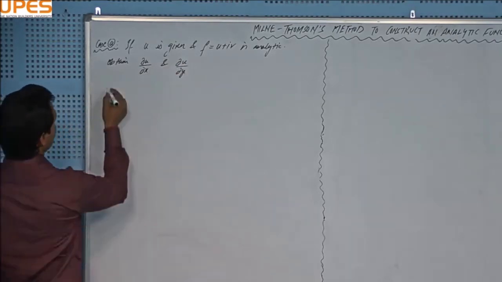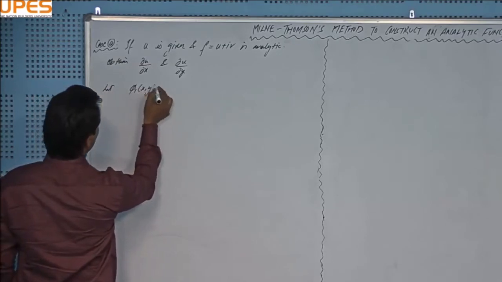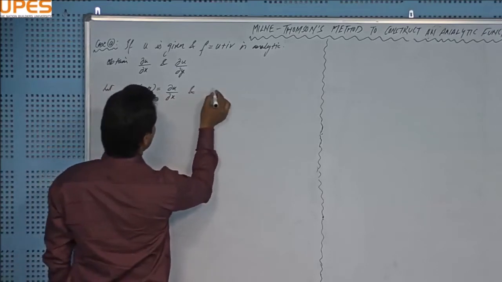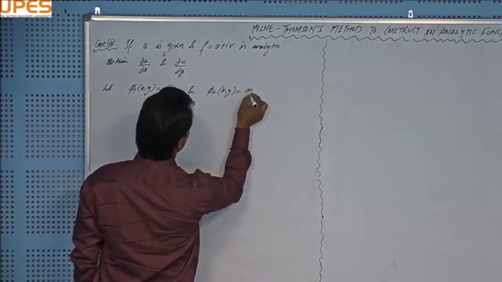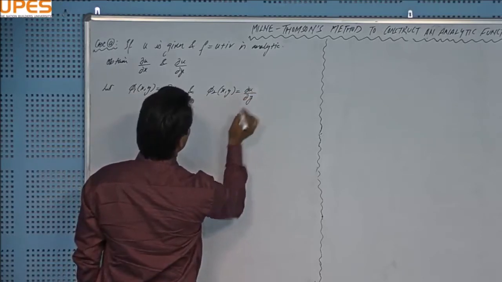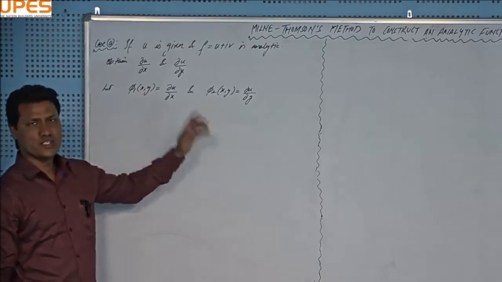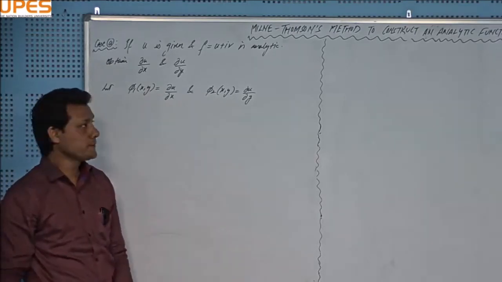Let phi 1(x, y) equal del u over del x and phi 2(x, y) equal del u over del y. Obviously, these partial derivatives are functions of x and y, so phi 1 and phi 2 are functions of x and y.